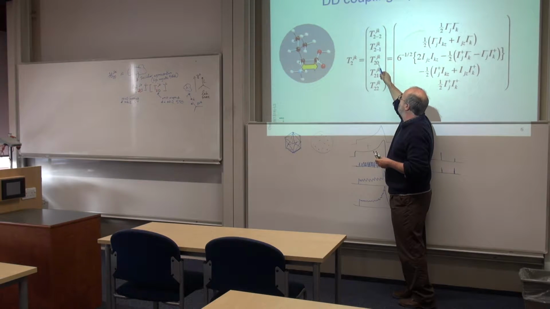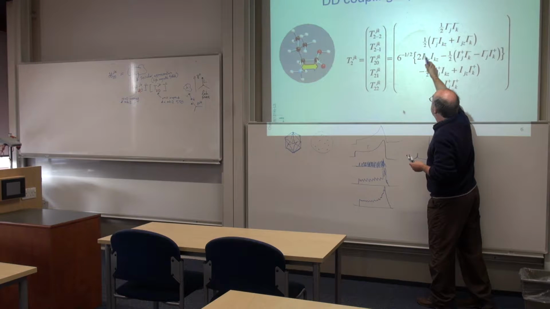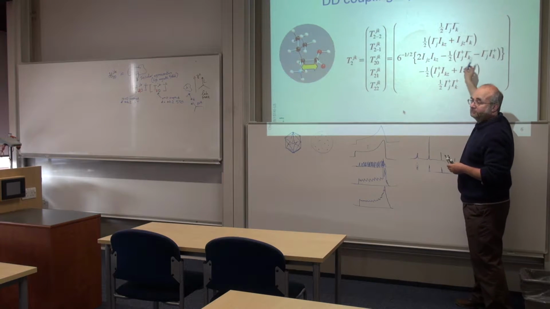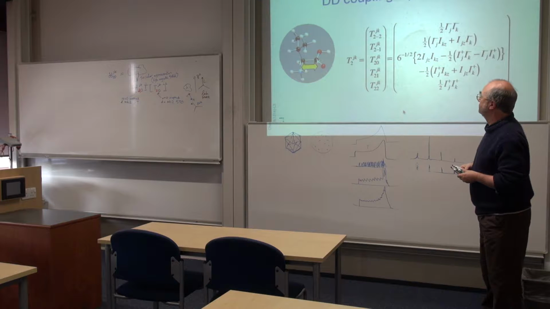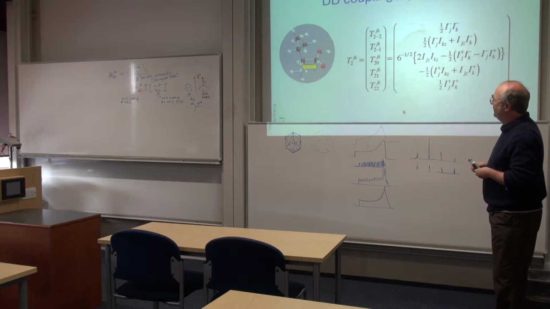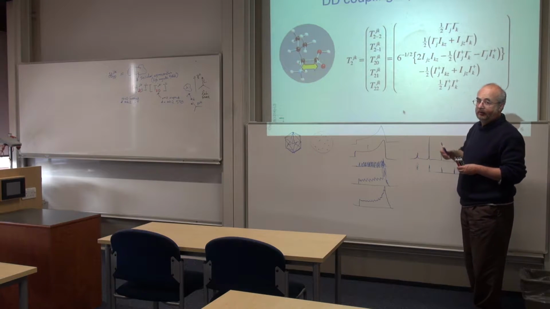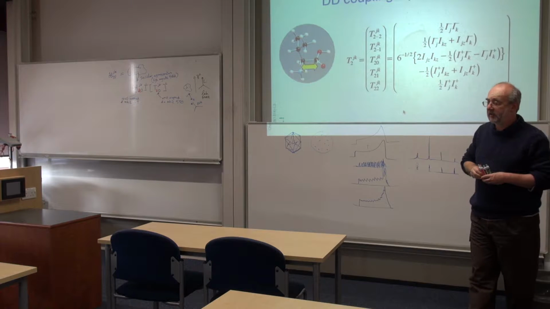That's the T20 spin operator for the coupling between J and K, is this bunch of spin operators here. And actually the other ones we can forget about, they don't appear in the equation in the secular approximation.